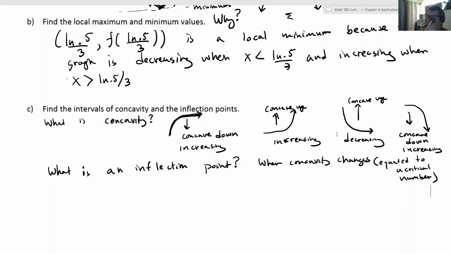It is possible for us to have a critical number that does not go from increasing to decreasing or decreasing to increasing. We talked about that before, and you're going to see some of that in your homework. But when we have an inflection point, that inflection point indicates a change in concavity, and to find inflection points and concavity, we use the second derivative.